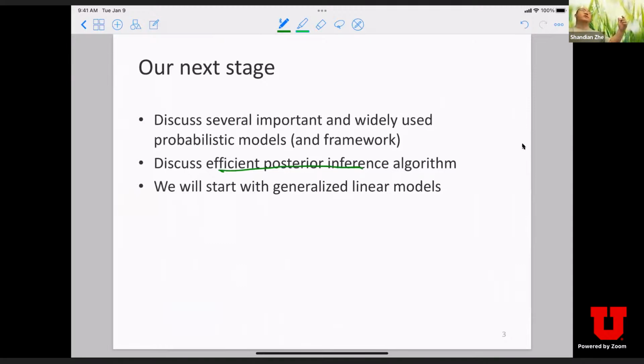We'll talk about a model, then we'll talk about inference techniques, then the next model and its inference techniques. We use some typical models as examples to illustrate particular types of inference algorithms, which we believe will be easier to accept. And once you know the model and then the inference algorithm, you can directly implement and try it. Does it make sense? Okay.